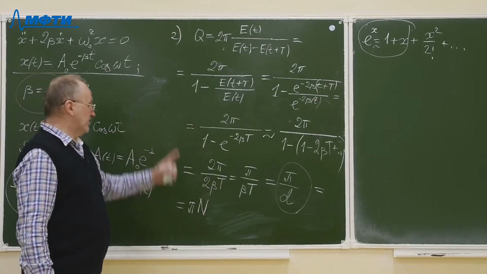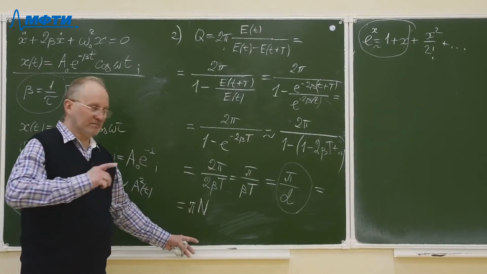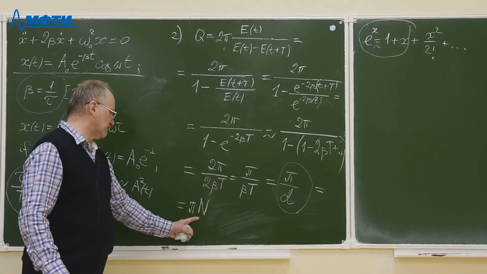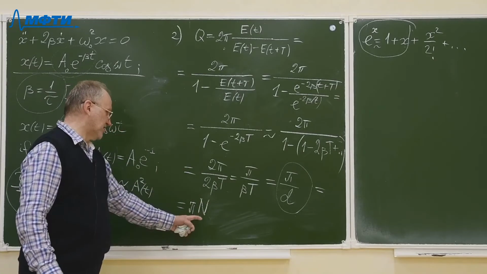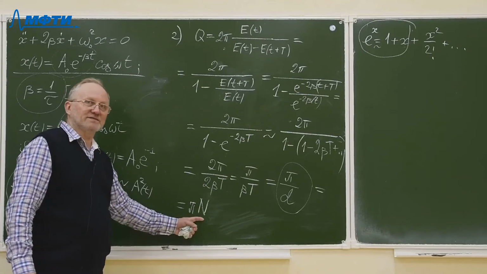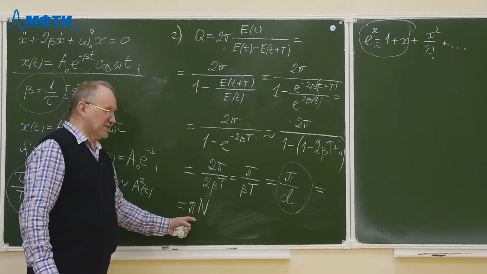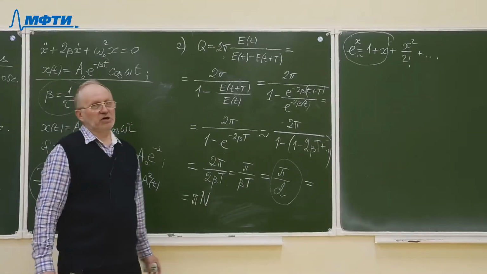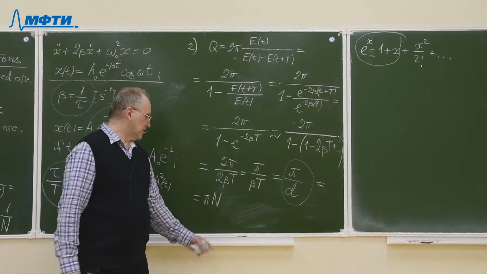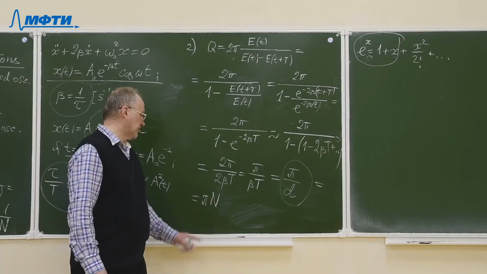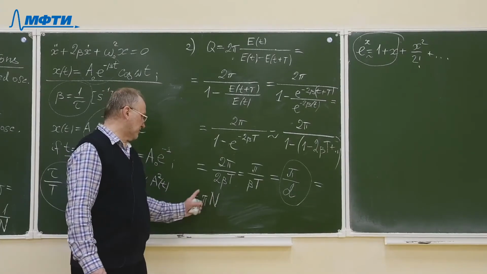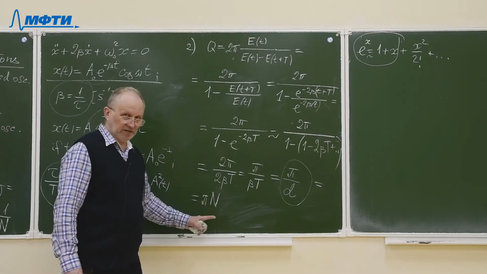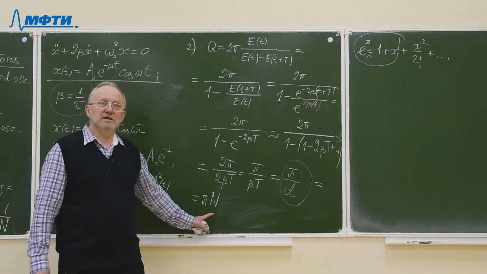So for an oscillatory system with a small damping factor, the Q factor may be very, very large, more than 1,000, more than 10,000. If you consider mechanical oscillatory systems, then this Q factor may be of the order of 10,000 or more. But if you consider oscillations in electrical circuits, then the quality factor may be even higher. It may be millions and millions.